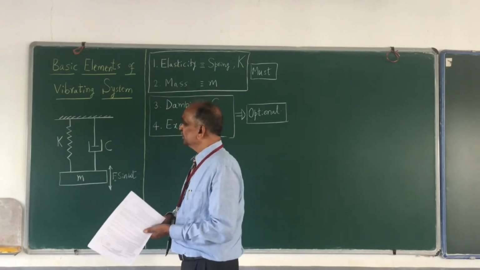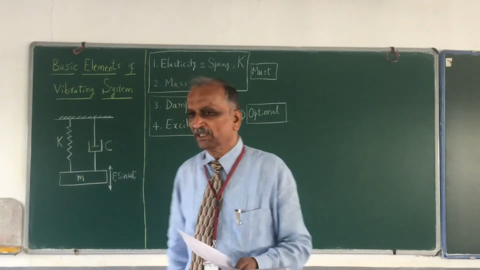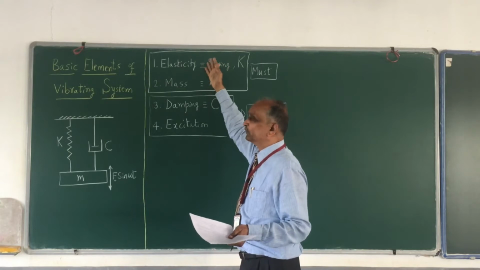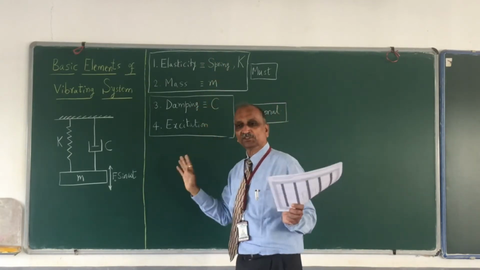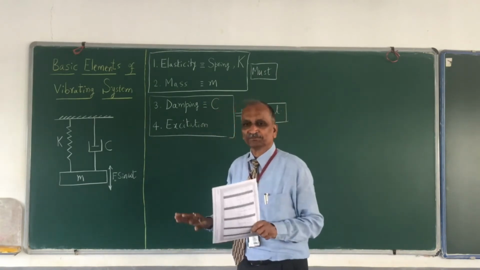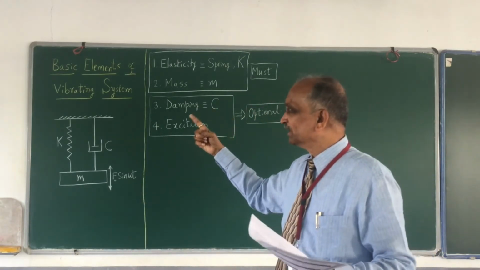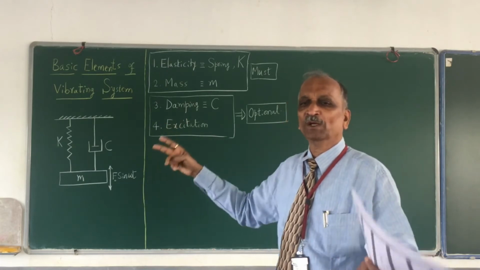For a complicated system, if the machine is quite complicated, I may have a number of springs, masses, dampings and excitations, but nothing other than these. If the system is too simple, I may have only one spring, one mass, one dashpot and one excitation.